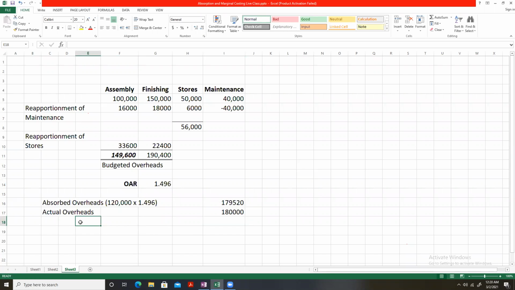Overheads are under absorbed. Why? Because absorbed overheads do not exceed the actual overheads. Absorbed overheads are less than the actual overheads, so the overheads are under absorbed. And by how much? Just take the difference of these two figures.